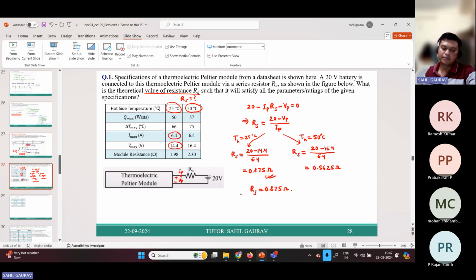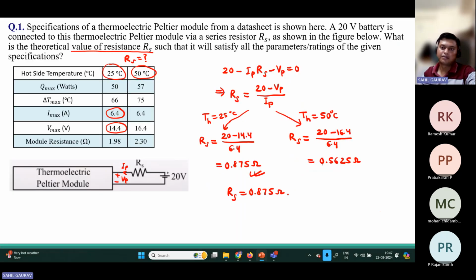Yes, correct. Suppose you have taken this value, 0.5625. Then if you take Ip for 25 degrees Celsius, it will come as 20 minus 14.4, divided by 0.5625.